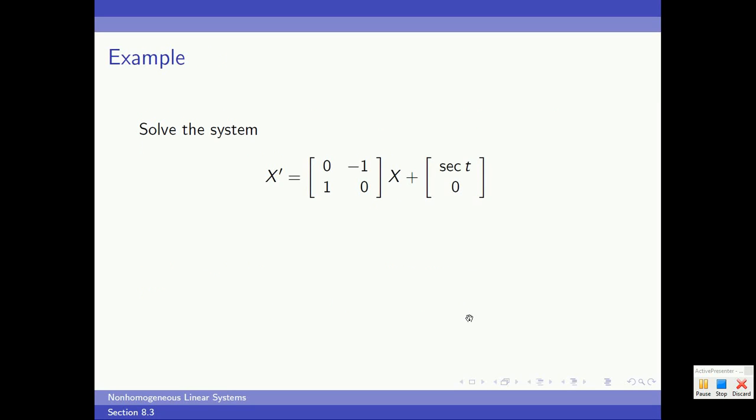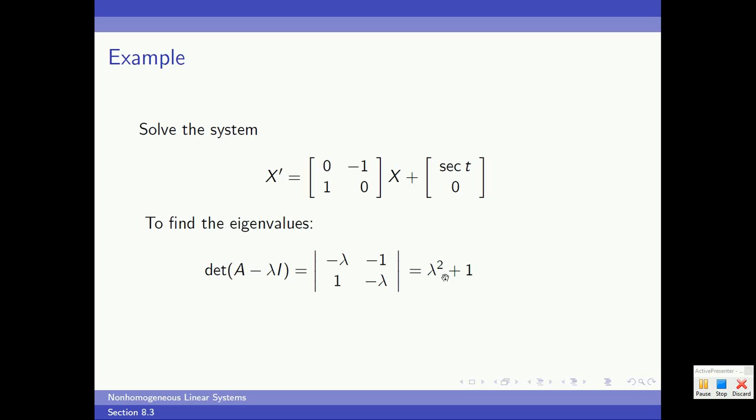Okay, if I look at this system, here this is secant t, so I know that I can't use undetermined coefficients. So the first step is to solve the homogeneous system. Again, I look and find my eigenvalues. I have minus lambdas on the diagonal, 0 minus lambda, 0 minus lambda, and these stay the same. So this is lambda squared plus 1, so lambda is a complex value.